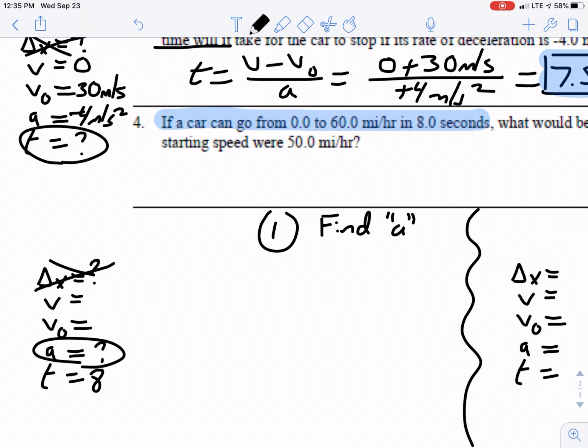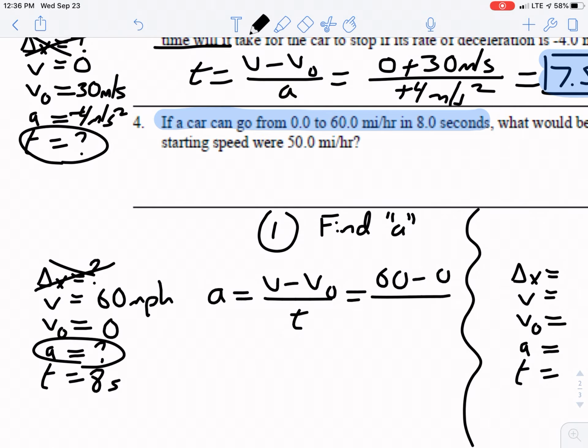We go from 0 to 60 miles per hour in 8 seconds. So acceleration equals change in velocity over time. That would be 60 minus 0 over 8. And 60 divided by 8 is 7.5 miles per hour per second.